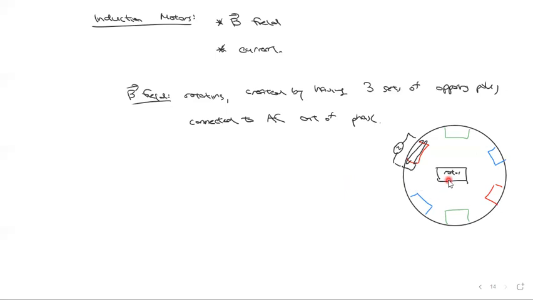The key thing that makes an induction motor different from your other motors is that this rotor does not have any wires linked to it. So your current in the rotor is an induced current. There are no wires connected to the rotor.